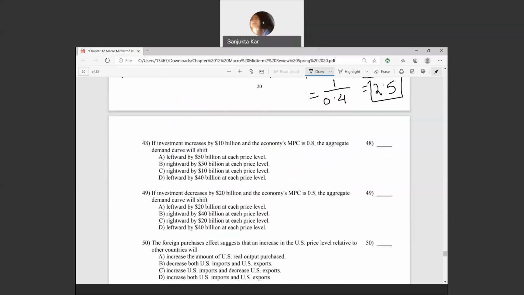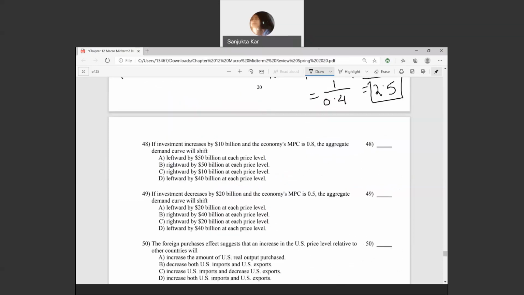Now moving over to question number 48 here. Investment increases by 10 and MPC is 0.8. You do it the same way here. You are going to find the value of the multiplier, which is equal to 1 over 1 minus 0.8, which is 1 over 0.2.